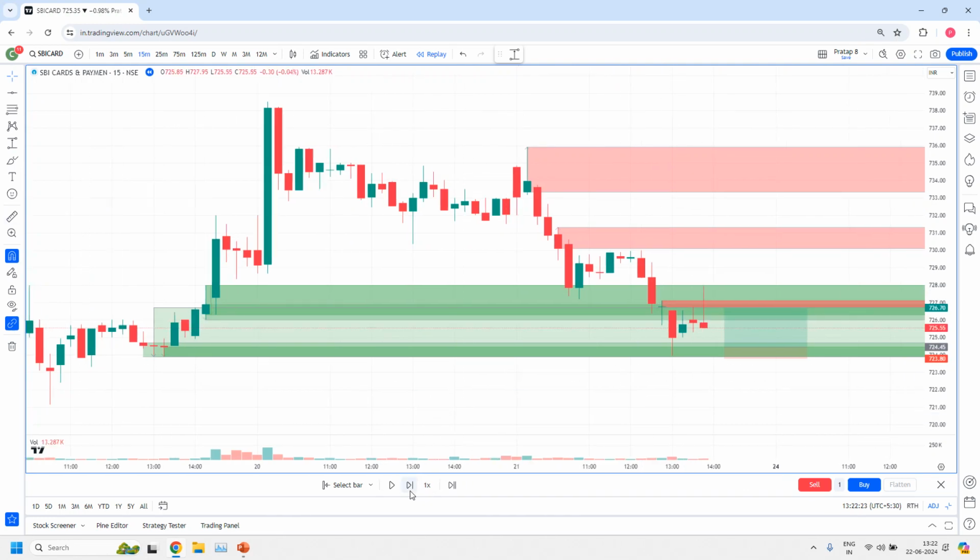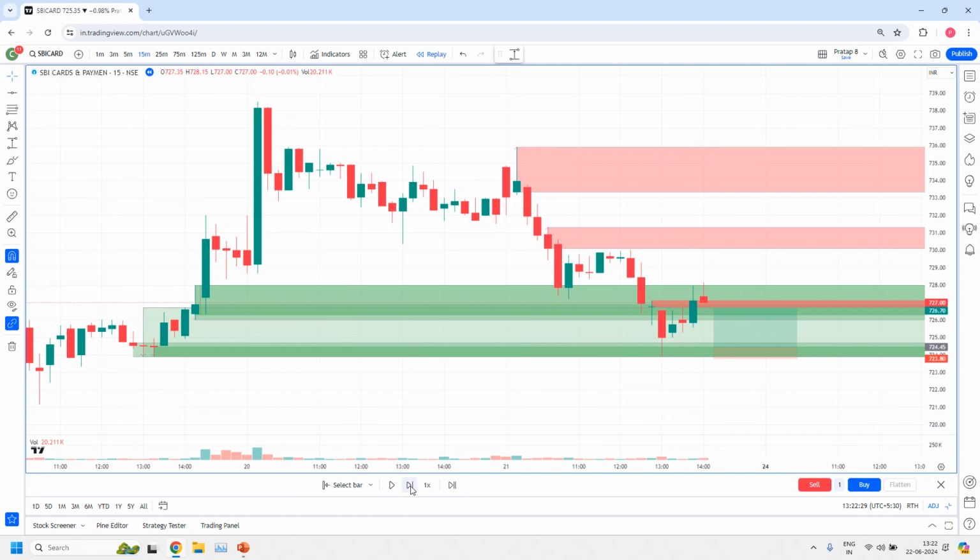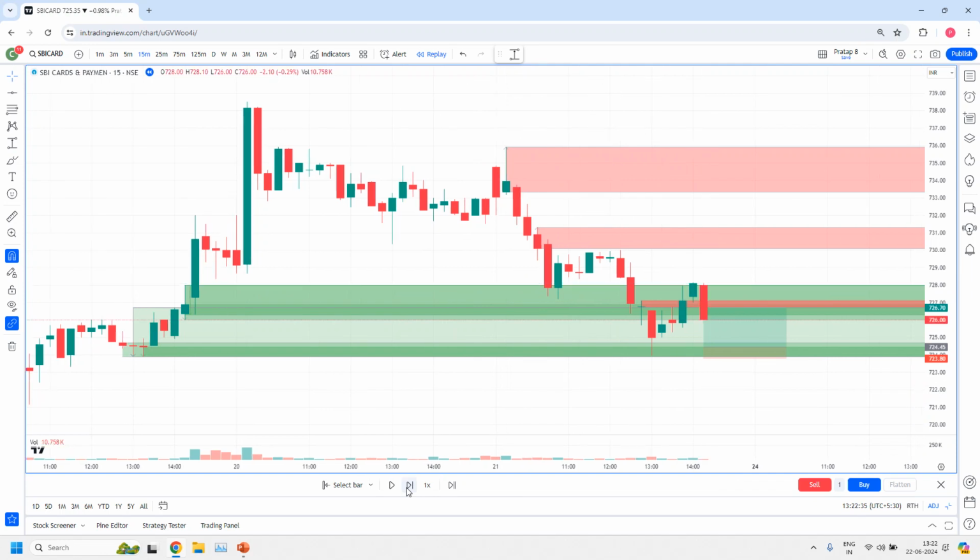In the last trading session, again this supply zone is violated and the market was moving further up. Again came down.